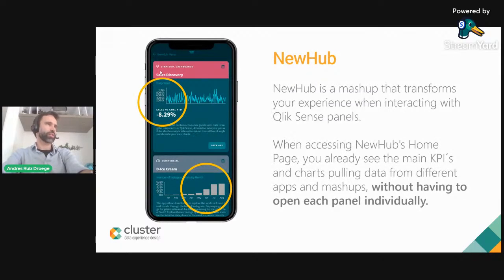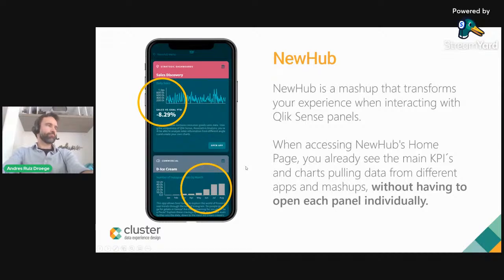That means that when you access NewHub's homepage, depending on how you configure the tool, you'll be able to gain access, both on mobile phones and on desktops, to different KPIs and metrics on the homepage that you want to see highlighted for any given reason and for different users as well.